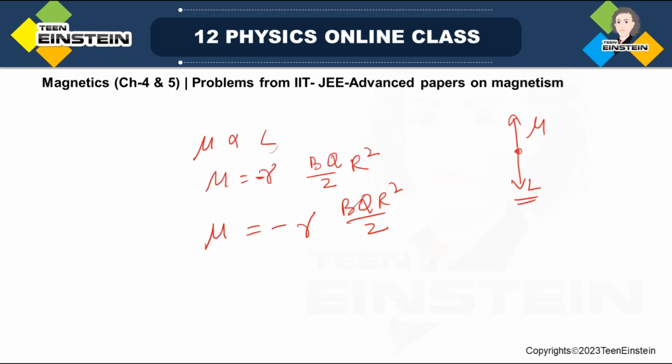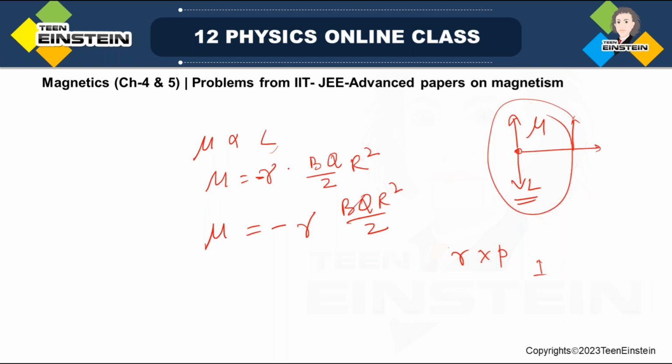So why have we taken the minus? Because we have seen that the magnetic moment and the angular momentum will always be opposite to each other. We can go for R cross P. This is in the xy plane, P is mV, so R cross P will give you eventually a negative, and IA.